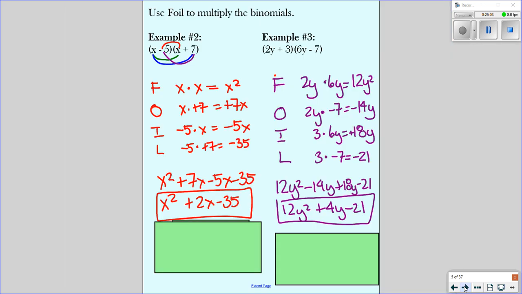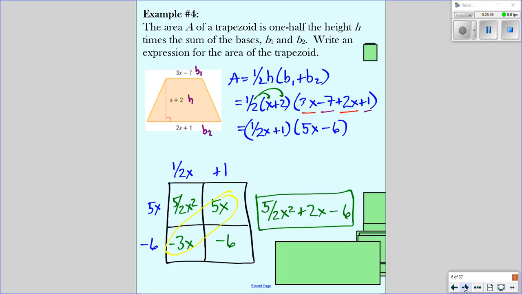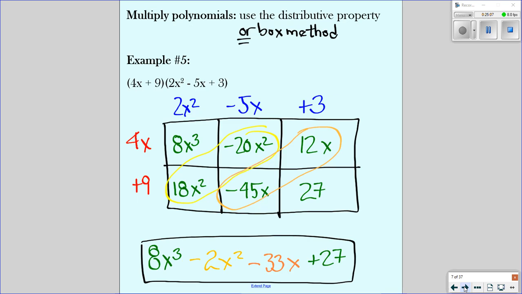Then when it comes to multiplying polynomials, I would advise you to use the box method, because you could do double distribution. You could actually use the distributive property, but it gets a little bit hairy because you got signs to deal with, and then the math, like with multiplying numbers, is a good chance of making mistakes.